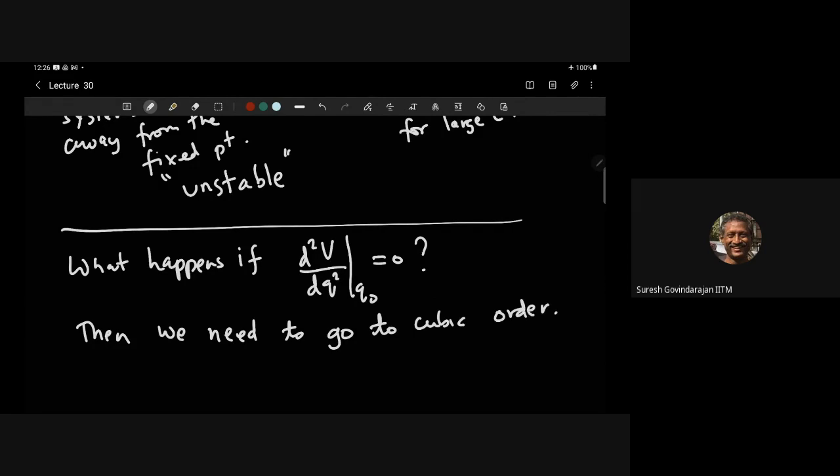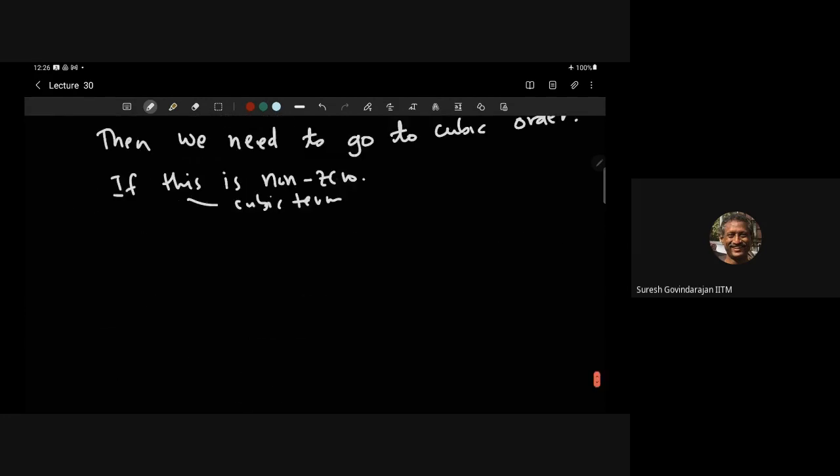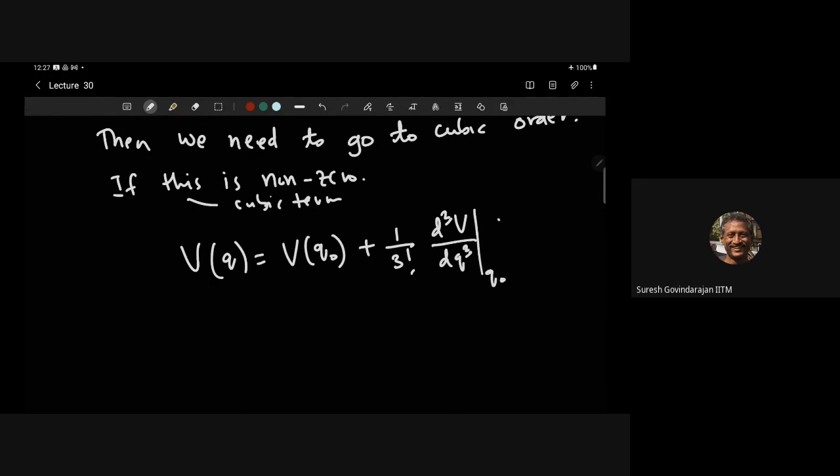And if this is non-zero, what will happen? That means the cubic term. So we'll get v of q equals v of q naught, the first two terms are 0, plus 1 by 3 factorial d cube v by dq cubed at q naught into q minus q naught whole cubed, plus higher order.